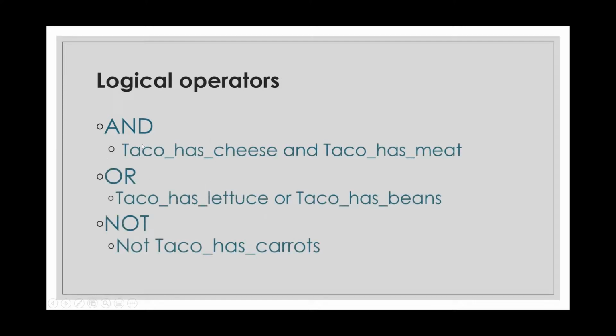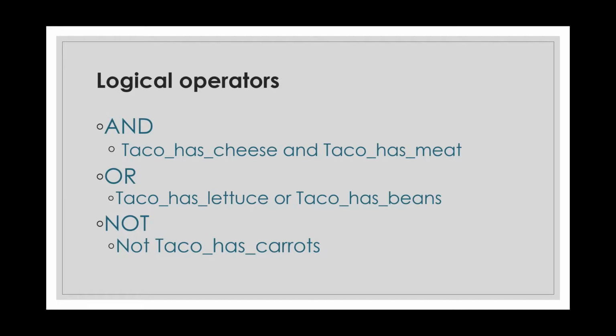Okay guys, so let's do logical operators. The first one's and. For example, taco has cheese and taco has meat. It would be true or false. If taco has cheese and taco has meat is true, then it's gonna say true. Otherwise, it's gonna say false. Or it's gonna be like taco has lettuce or taco has beans.